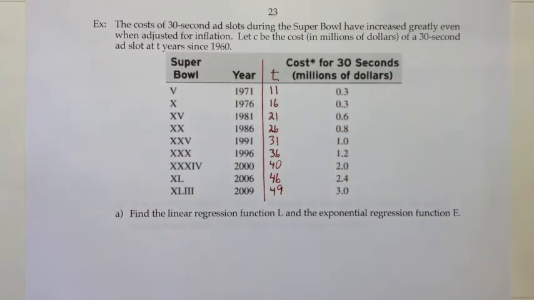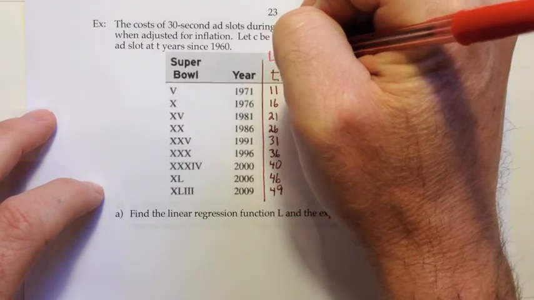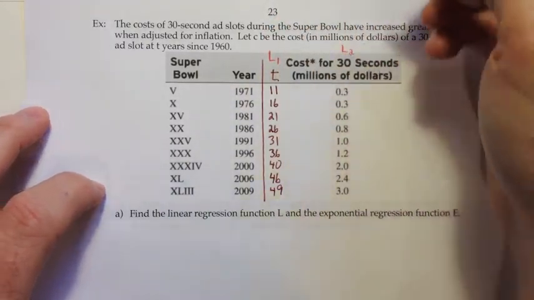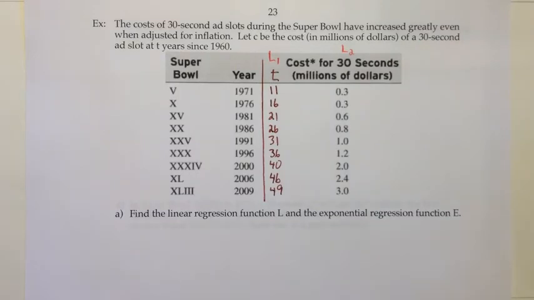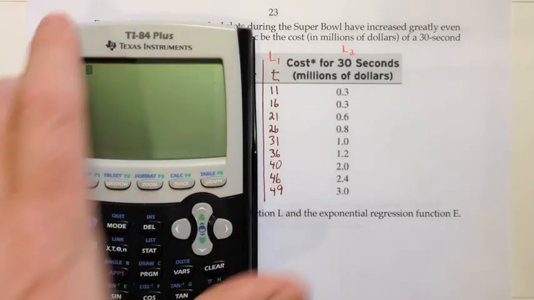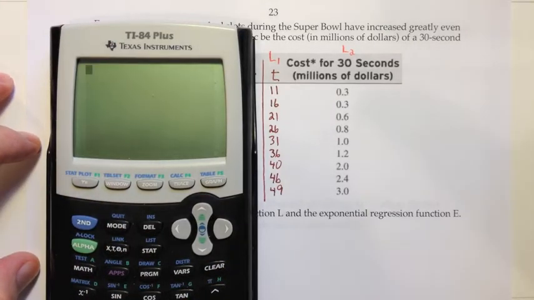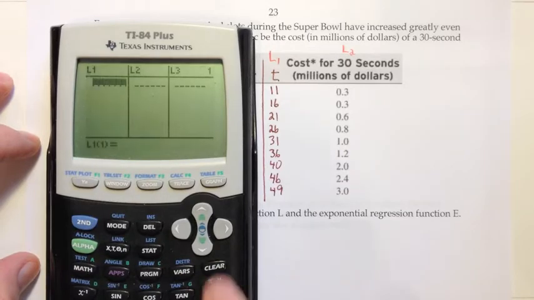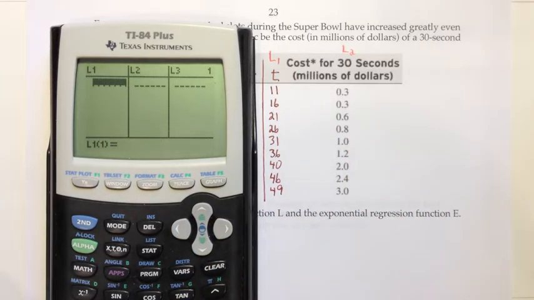So now that I've figured out the values of t, I'm going to want to take those and put them into L1, and then these costs I'm going to want to put into L2, and that way I can make a scatter plot on the graphing calculator and have a look at the pattern. So I'll go ahead and turn that on. I want to go to the Stat menu and choose Edit, enter in those values of t.